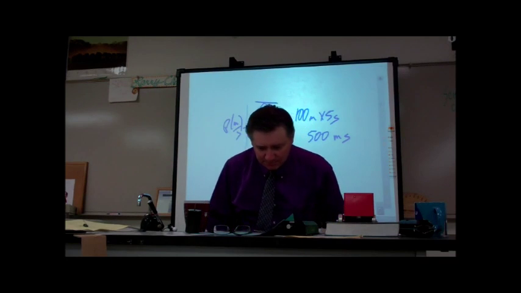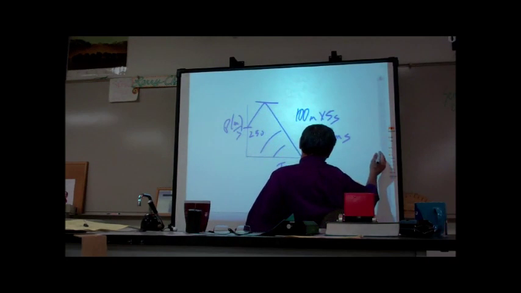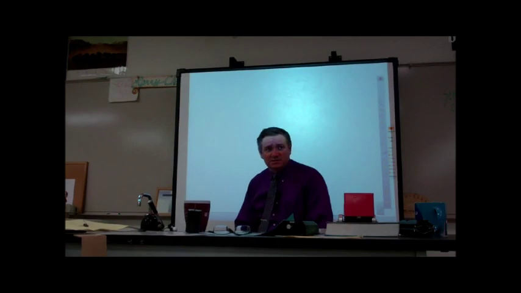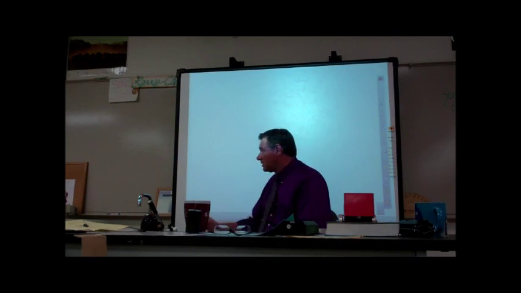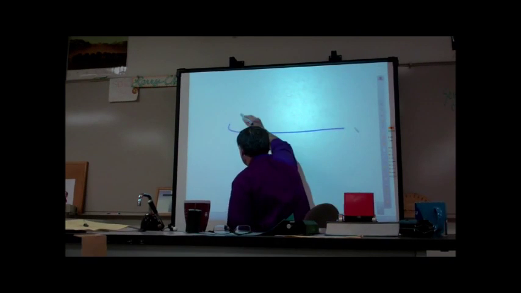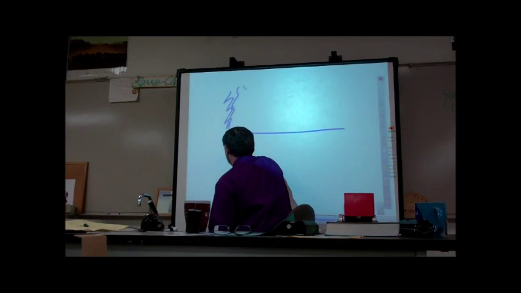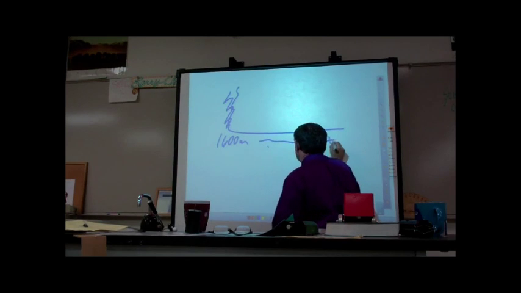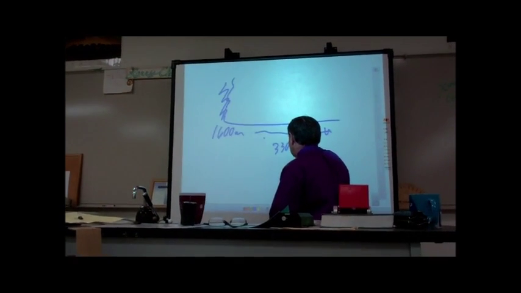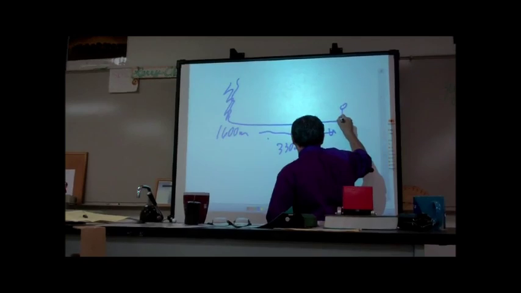So here's the deal. First off, what are you going to have to do with the 1.609 kilometers? Change it to meters by doing what? Multiply by 1,000, right? So here's the lightning strike. It's about 1,600 meters away, and the thunder is going to travel in round numbers about 330 meters per second, and you're standing here.